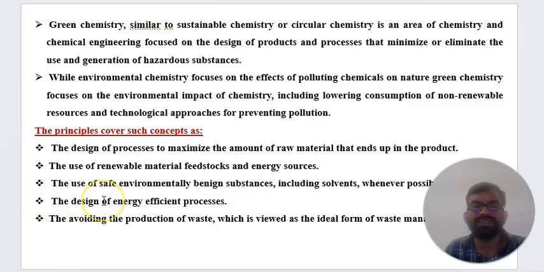The third point is the use of safer, environmentally benign substances, including solvents, whenever possible. Next is the design of energy efficient processes. Next is avoiding the production of waste, which is viewed as the ideal form of waste management. So these are some basic principles of green chemistry.